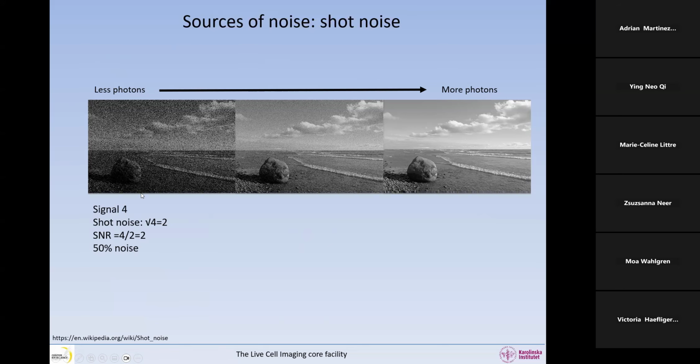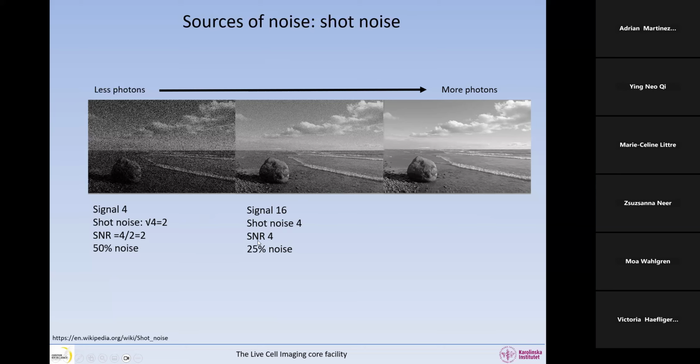So what we have here is that the signal in this image, and it's random numbers, let's say that the signal here is 4, okay? The shot noise is going to be a square root of that, so 2. So the signal to noise ratio in this image is 4 divided by 2, 2. So we have 50% noise in this image, okay? 50% of what we're measuring is actually noise. Now, if we increase the signal here from 4 to 16, the shot noise is still a square root, so it's going to be 4, square root of 16.